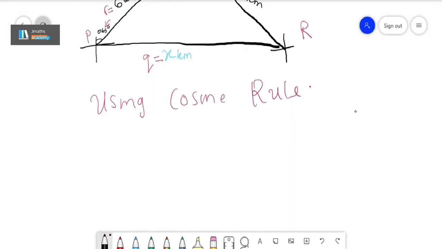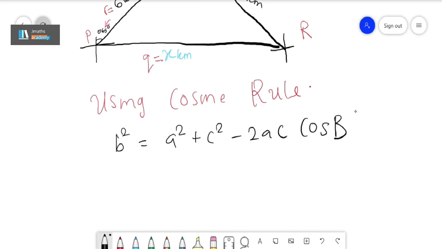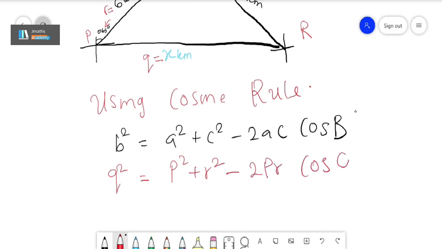Okay, so our cosine rule is b squared is equal to a squared plus c squared minus 2ac cos B. So in this case, we are using PQR. So our cosine rule would be q squared is equal to p squared plus r squared minus 2pr cos Q.